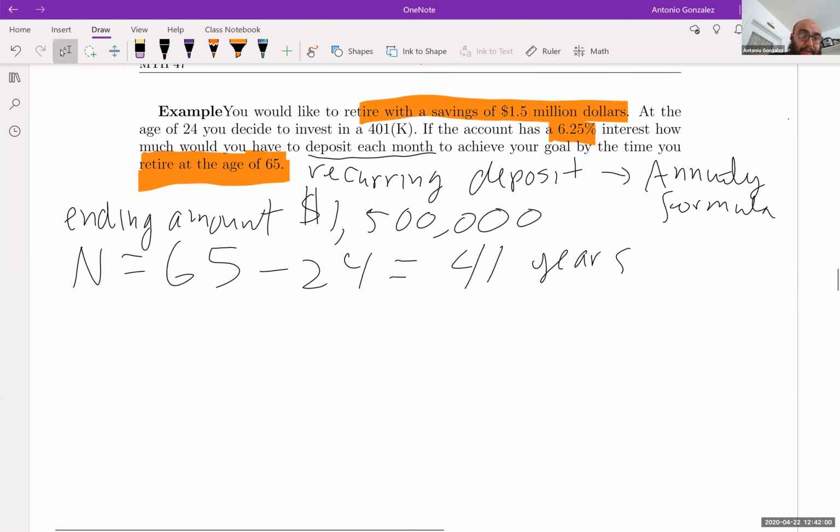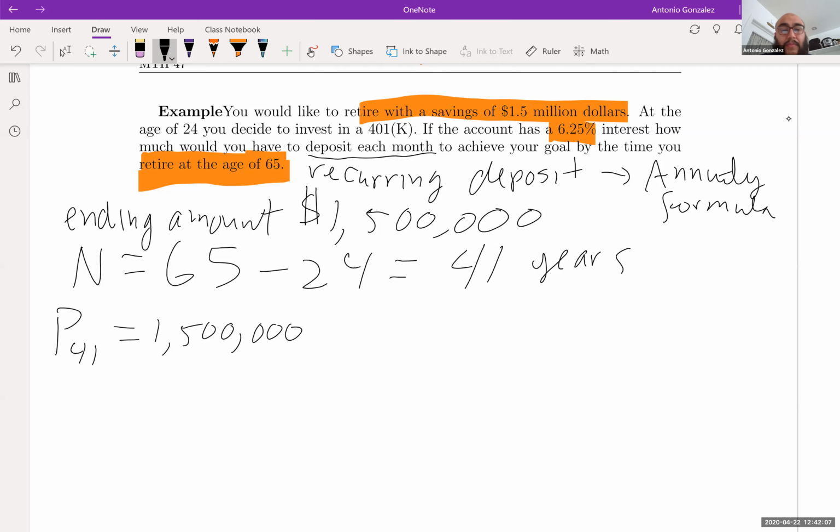In other words, P of 41 is equal to 1.5 million. I see a percentage, so I know my R there is 0.0625. Each month, so K is 12.